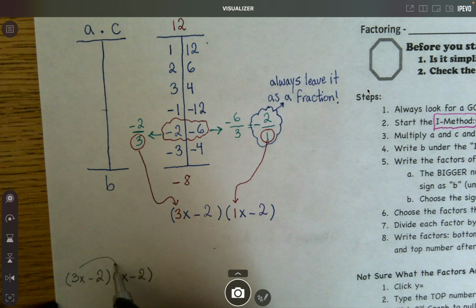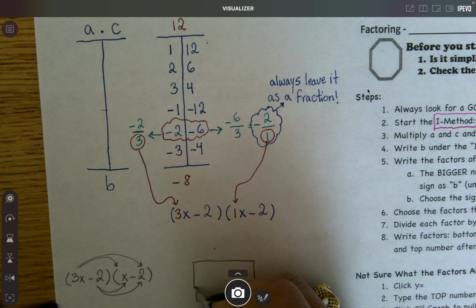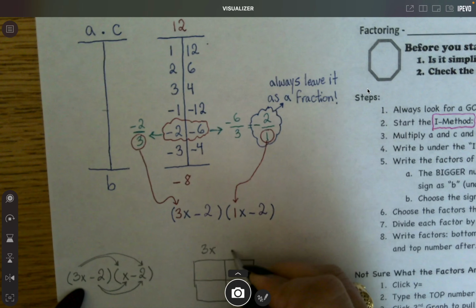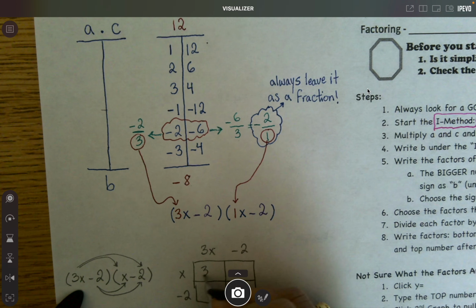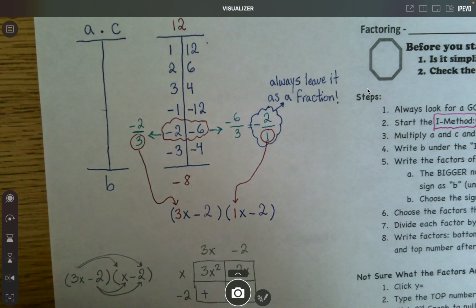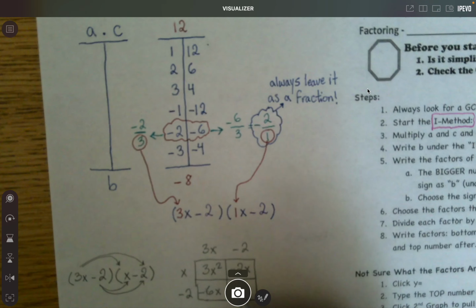Now, this multiply that, this multiply this, this multiply that, and this multiply this. Or I can draw my box, which I think you guys like this method more. 3x minus 2, x minus 2. This multiply will give me 3x squared, negative 2x, negative 6x, and these two multiply and give me positive 4.